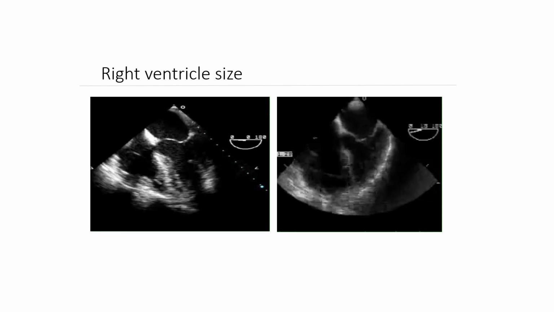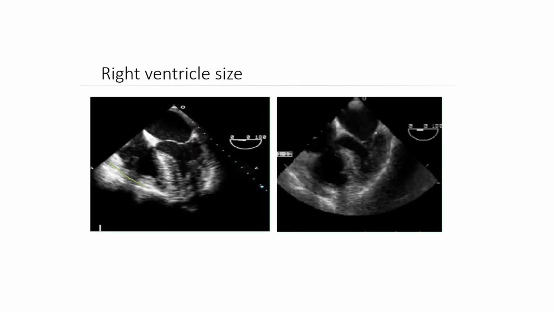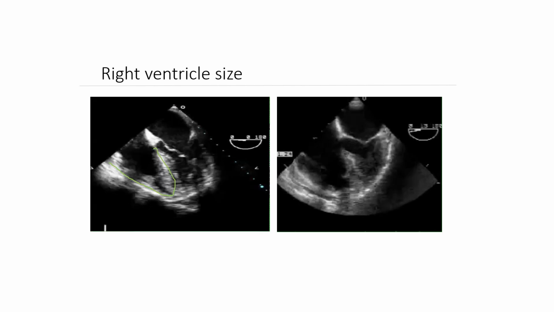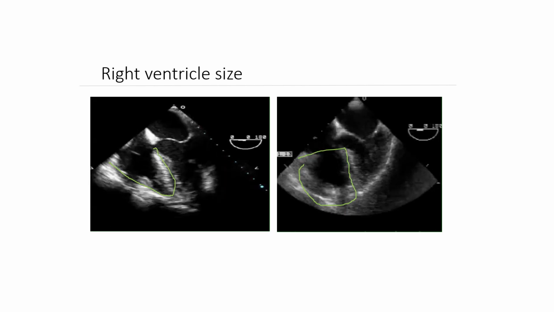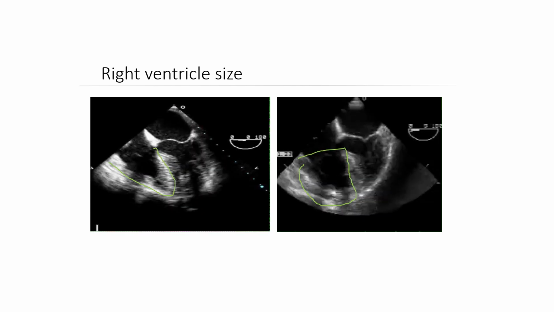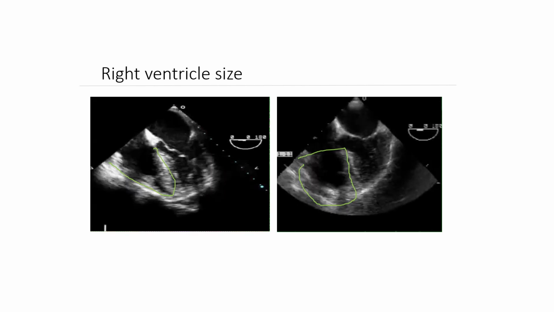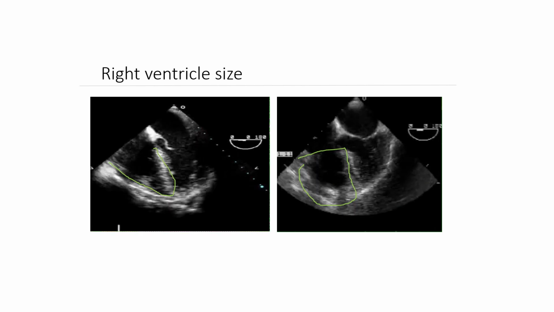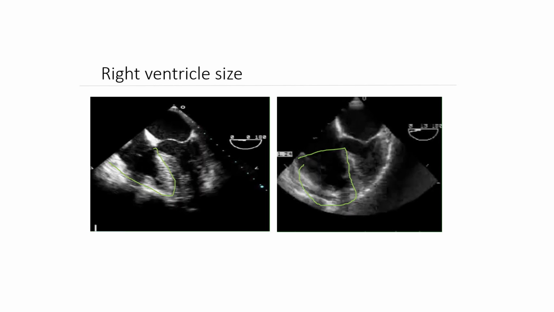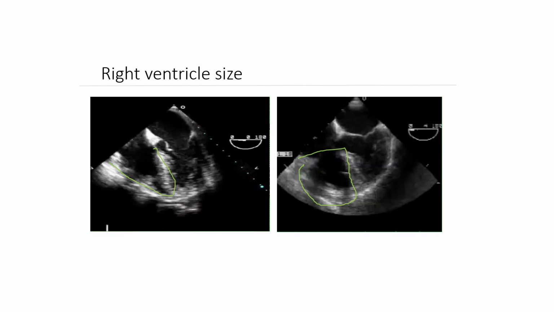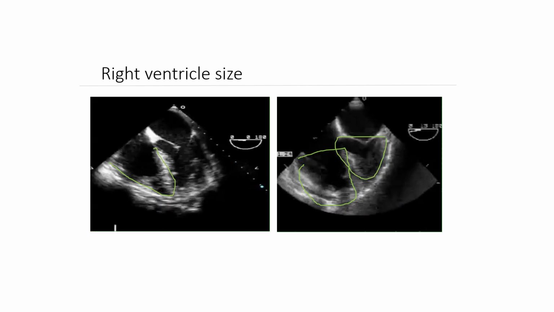So this here is a normal looking RV, and this here is an RV that's clearly enlarged because the apex is matching up with the LV apex, and the chamber itself is also almost the same size. You have to be careful, however, when getting a picture like this one, that you just don't have a foreshortened LV.